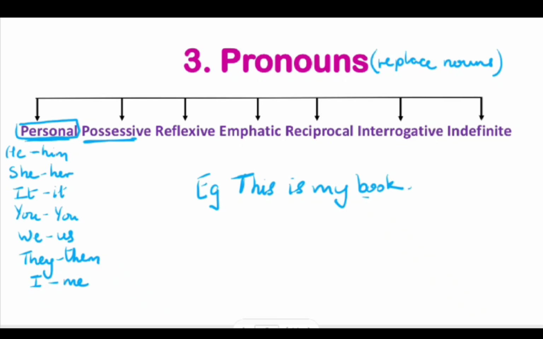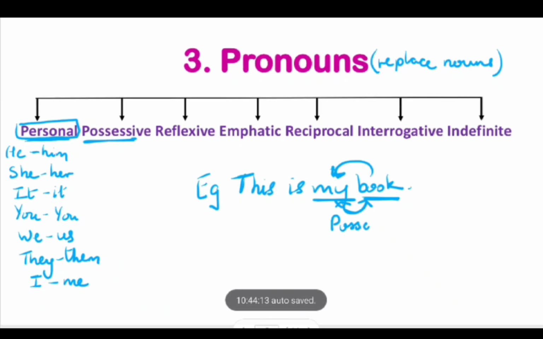Book, yes. So, book is the noun. If something which is a look-alike of a pronoun stands right next to the noun, it is a possessive adjective.